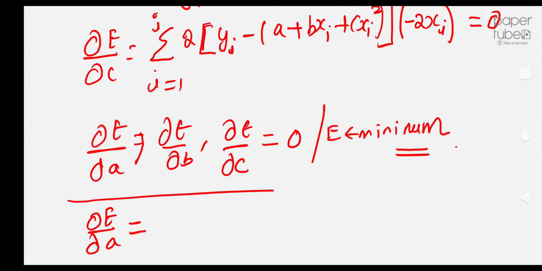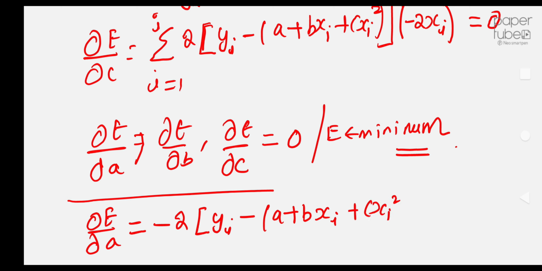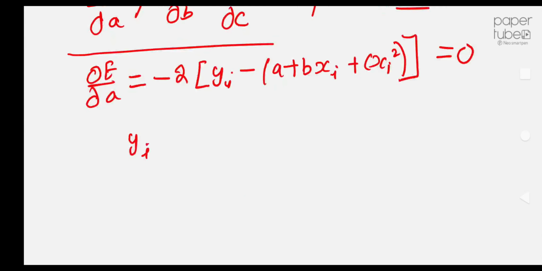In general terms, this will be equal to minus 2 (yi - (a + bxi + cxi²)), summed over i equal to 1 to I. So this should be equal to 0, which means the sum of (yi - (a + bxi + cxi²)) equals 0.